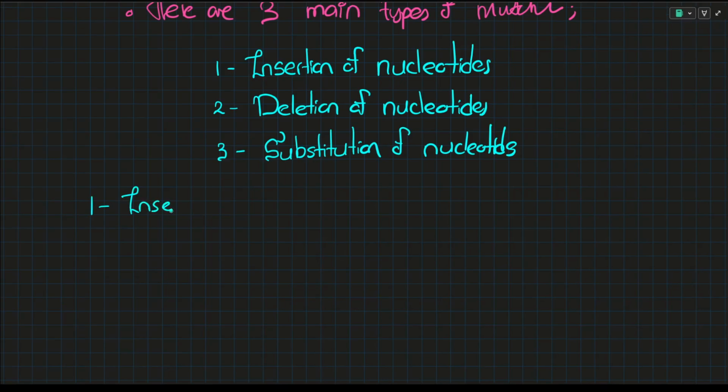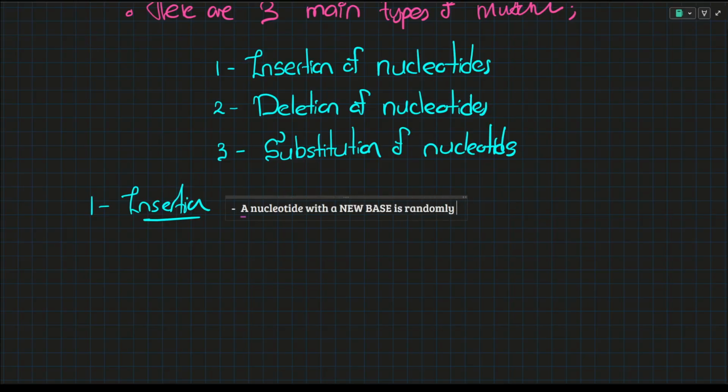Insertion of nucleotides. I'll just call it insertion to preserve our time. We don't have that much time. Okay, I'm going to type this out. So this is what happens. Simply a nucleotide with a new base is randomly inserted onto the chain.